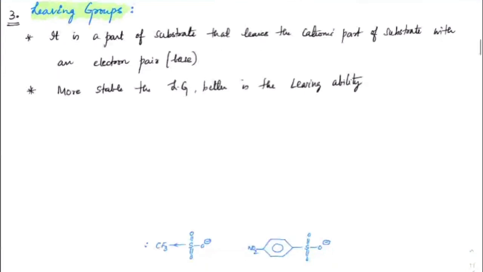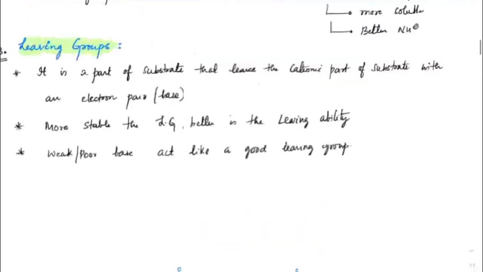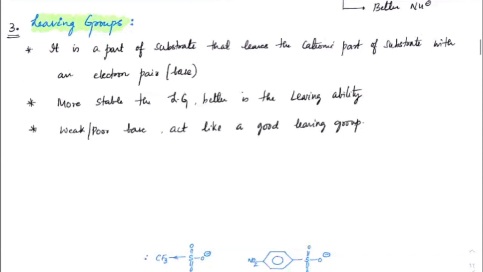Now, if it is more stable, we can also understand it as, if it is a weak or poor base, then it will act like a good leaving group. So that part of the molecule which is leaving with an electron pair is what we call a leaving group.